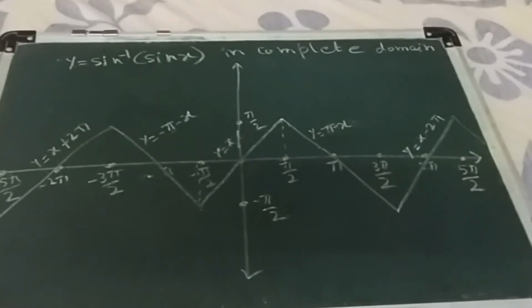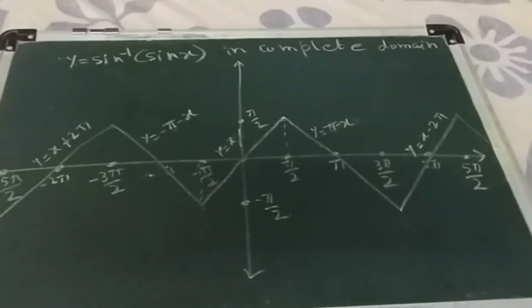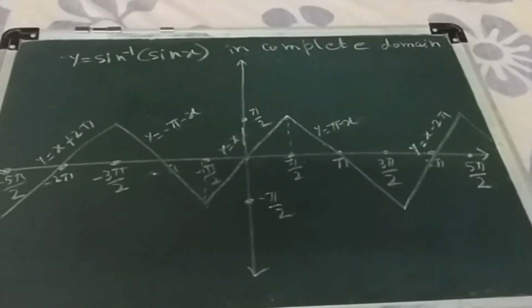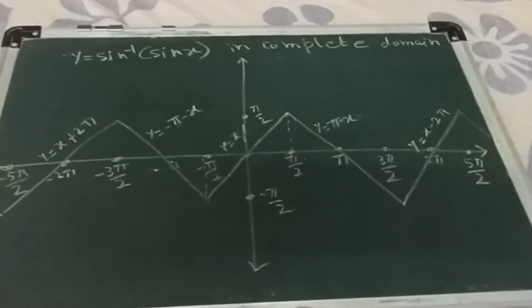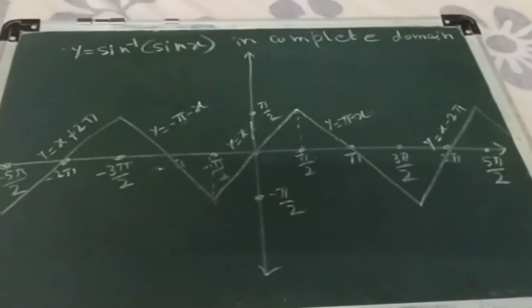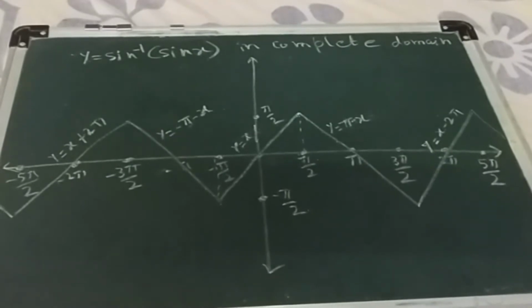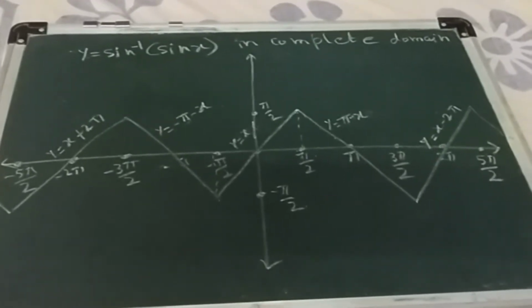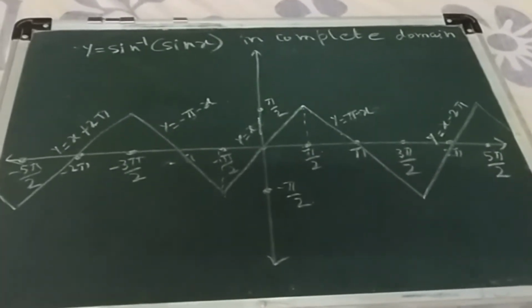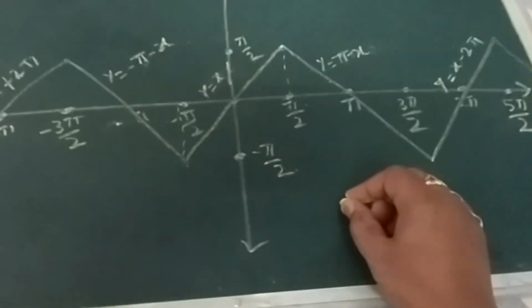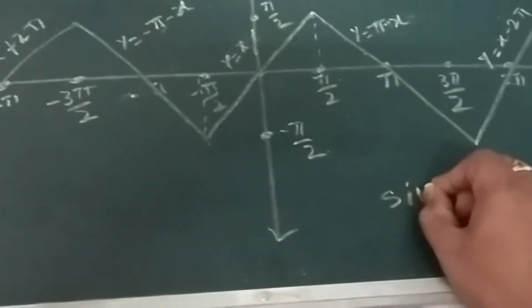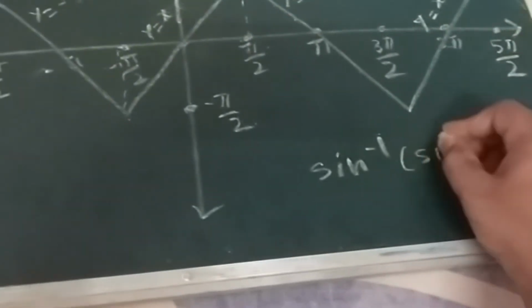Okay, now why it is needed: it is needed for solving a particular type of question. Those questions are asked rarely, but they may ask those types of question. For solving those, this graph is needed. The type is like, suppose you have to find the value of sine inverse sine 5.